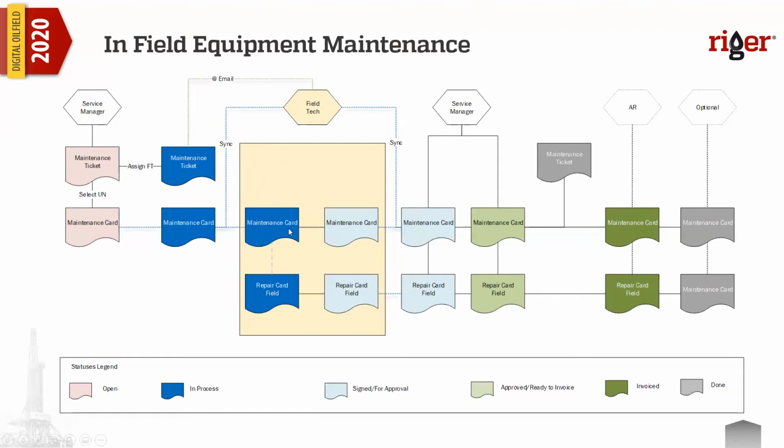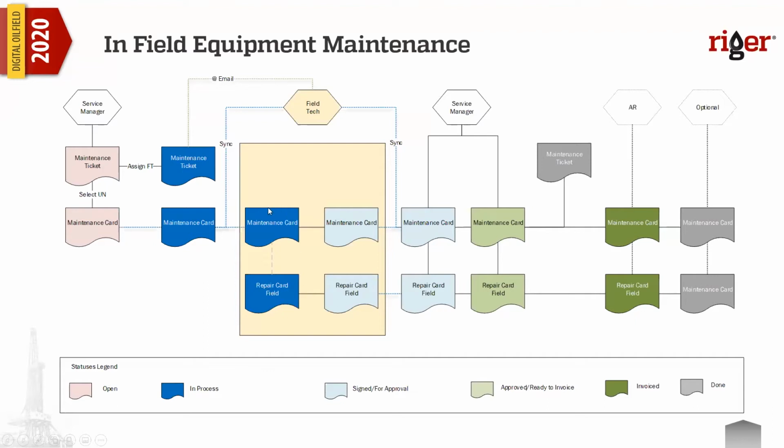He can enter information about the readings from the equipment meters, or in some cases, if the maintenance results in a need for repair, then the field technician can even generate a repair card in his mobile application as a new document, work with this repair card, add some parts, add some repair services to it, and log his time on the repair card.